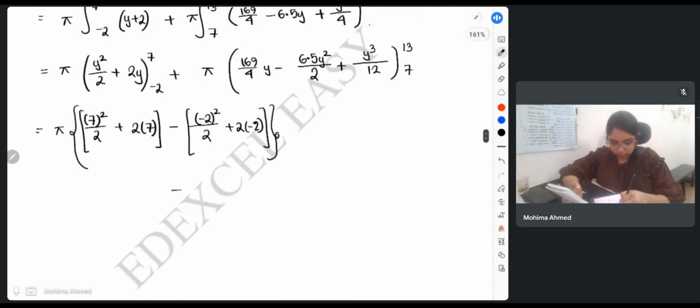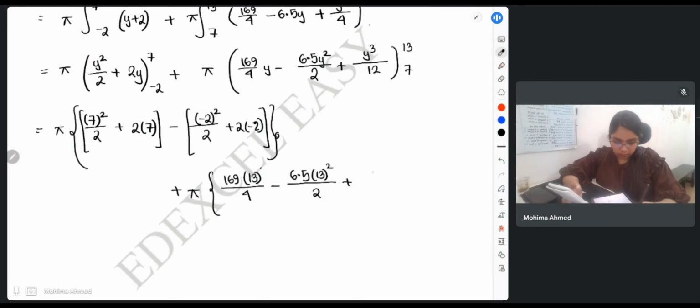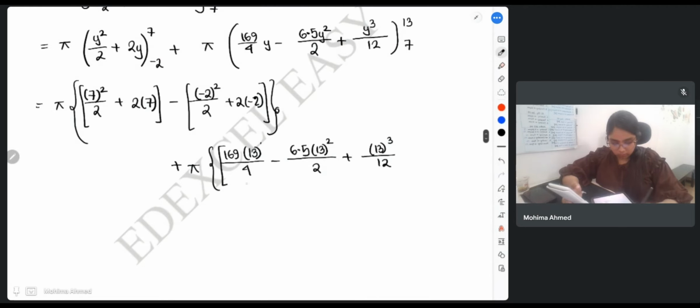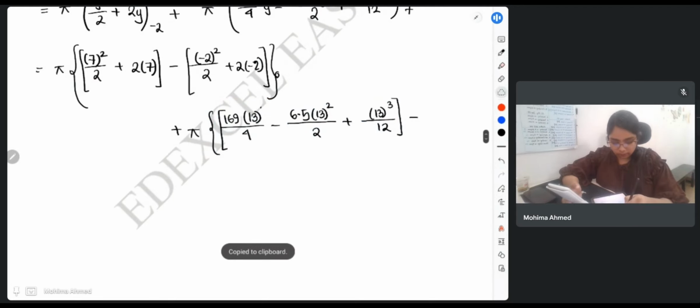And again, this has to be added to pi, 169 times 13 divided by 4, 6.5 times 13 squared by 2, plus, this time we're going to write just 13 cubed by 12. And again, this has to be subtracted from a similar kind of equation where the value of y would be 7 this time.